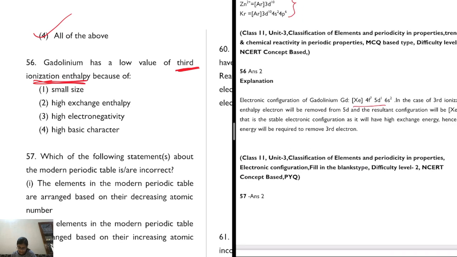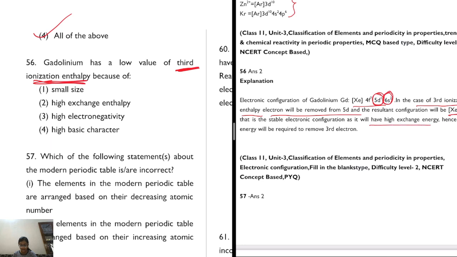So what will happen is after two ionization enthalpies, in case of third ionization enthalpy, the electron will be removed from 5D. In the first two, it will be removed from this, and in the third, it will be removed from 5D, which has 1. Okay, and the resultant would be the Xe 4f7, which is a half-filled and extra stable configuration.